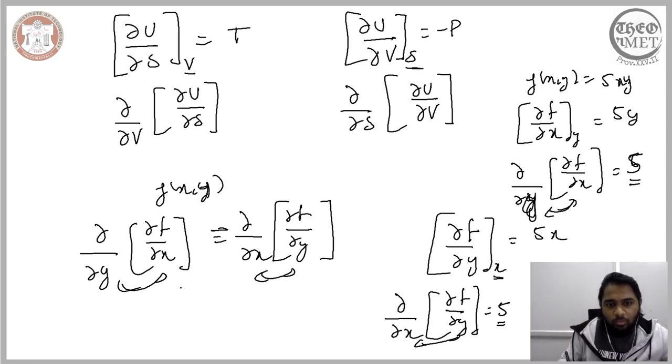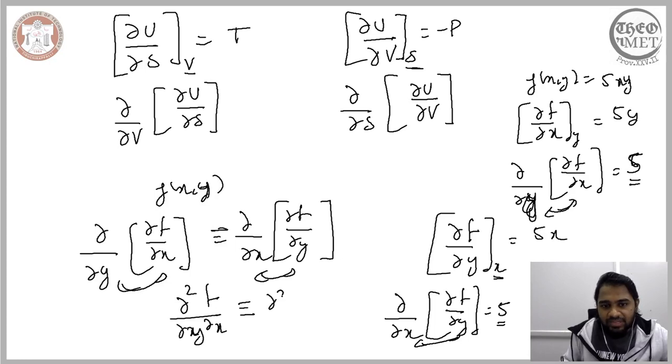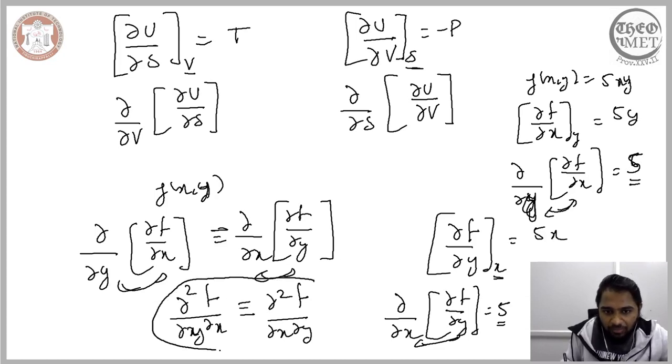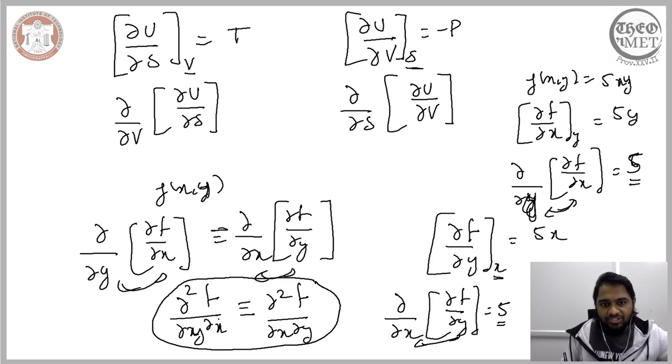So essentially what you are considering is the second derivative of the function f with respect to y and x, which is equal to the second derivative of f with respect to x and y. So you apply the same rather straightforward equivalent relation that you observe for a second derivative of a function to the thermodynamic expressions that we have arrived at here.